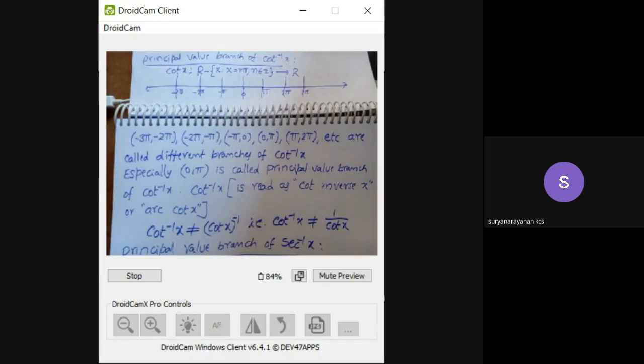We divide this number line like this. Open interval minus 2 pi comma minus pi.